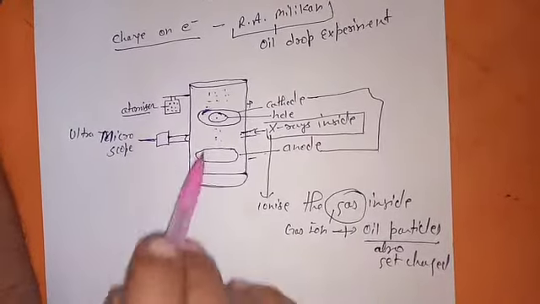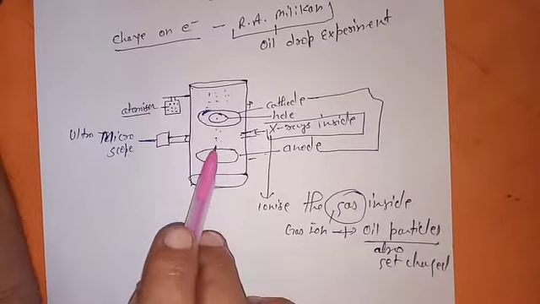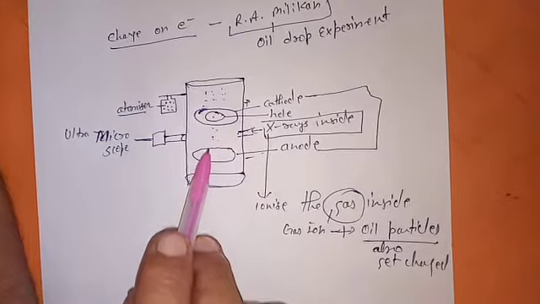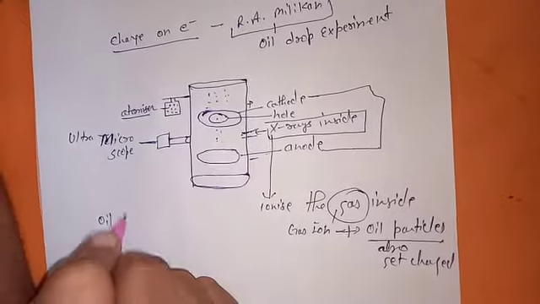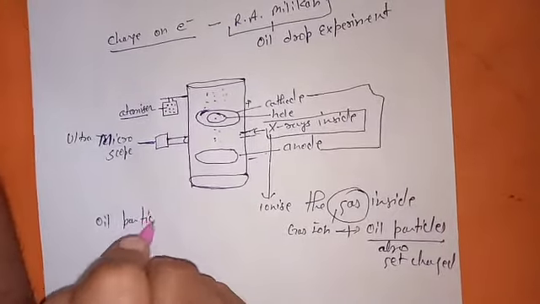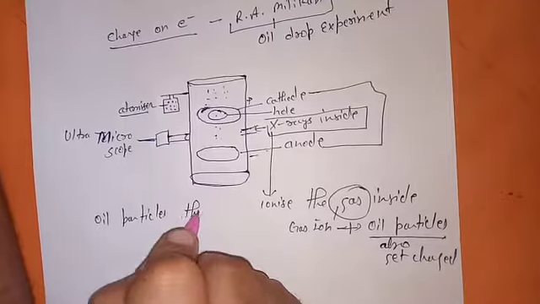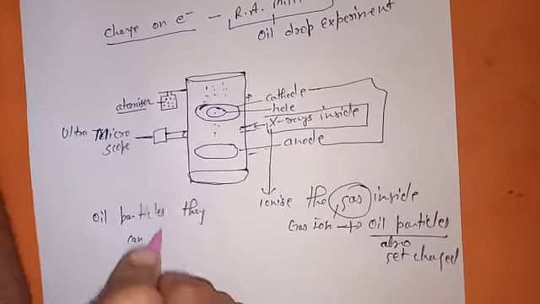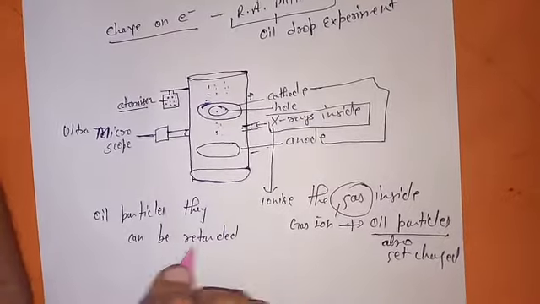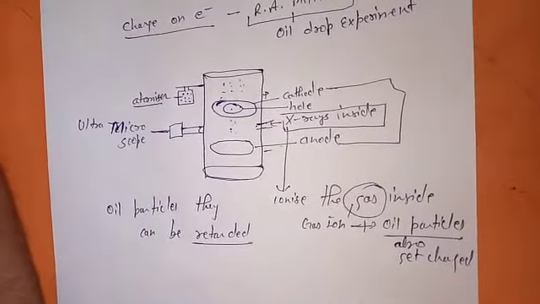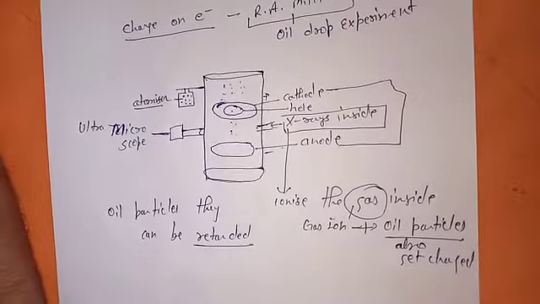So the oil particles which are coming down due to gravity can be retarded, meaning their downward movement can be slowed down.